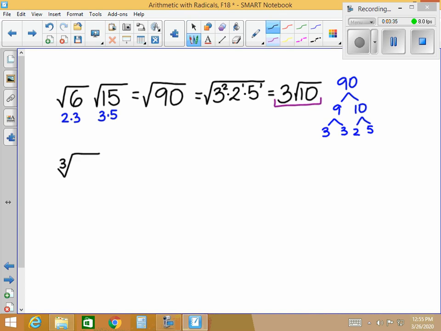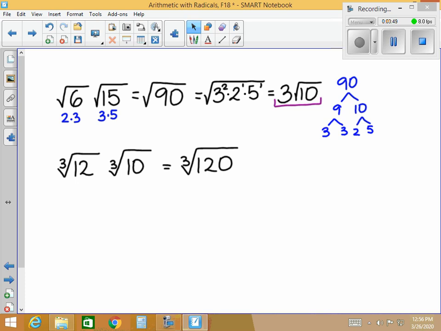If I have the cube root of 12 times the cube root of 10, I can start by multiplying 12 times 10 to get 120. I can break down my 120, however my favorite version of that is, I can go back here and I'm going to say cheat, but that's really not cheating, it's working smarter, not harder.